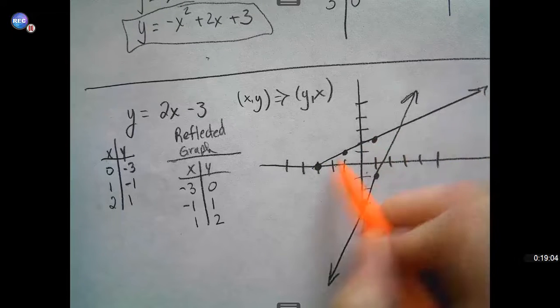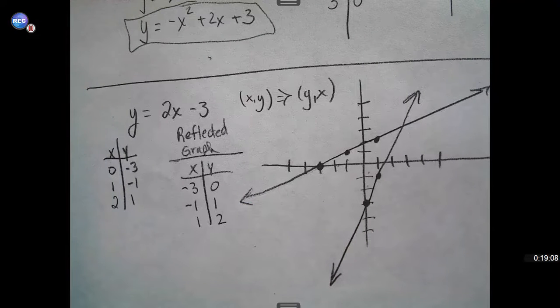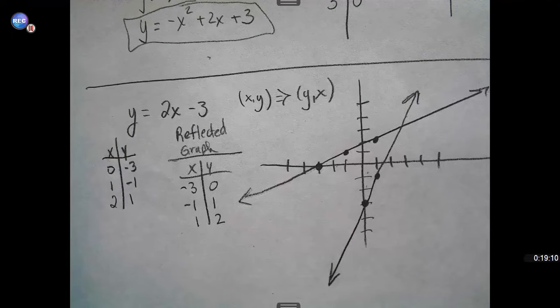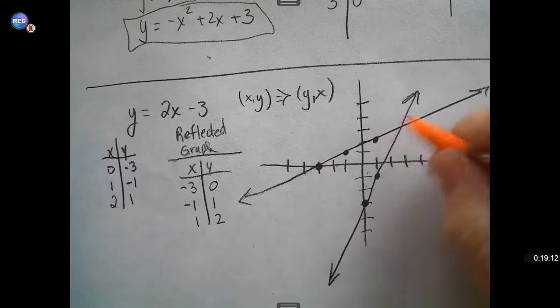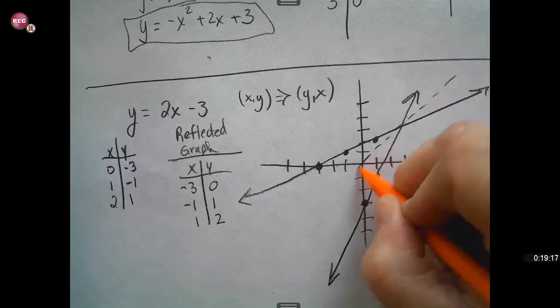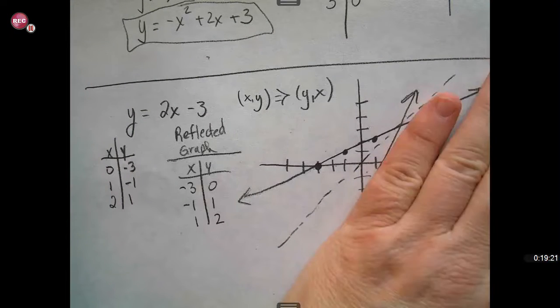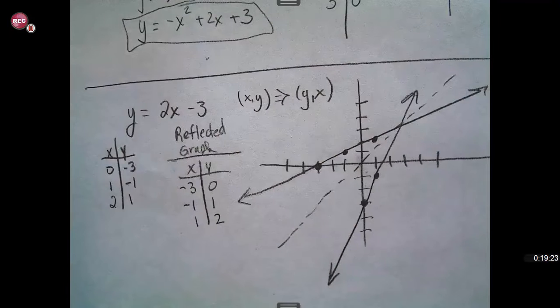So there is the graph of the reflected graph. And here is your line y equals x. So this is reflected over that line y equals x. And that's the graph that we get.